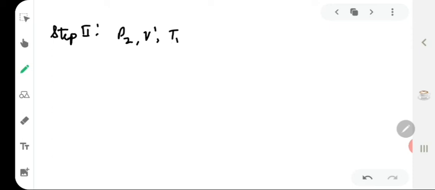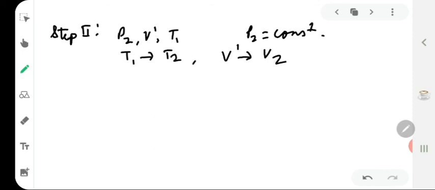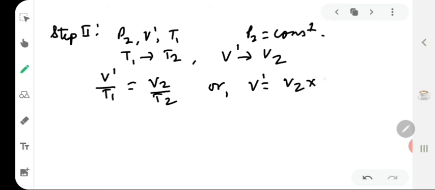Suppose that the pressure of the gas is kept constant at P2 and temperature of the gas is changed from T1 to T2 so that volume changes from V dash to V2. Now since the pressure of the gas remains constant, then from Charles' law we can write down V dash by T1 equal to V2 by T2. So we can write down V dash to be equal to V2 into T1 by T2.